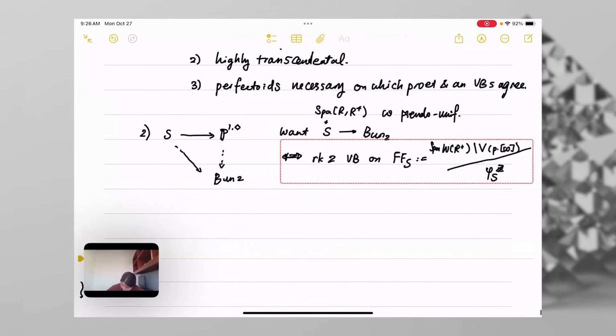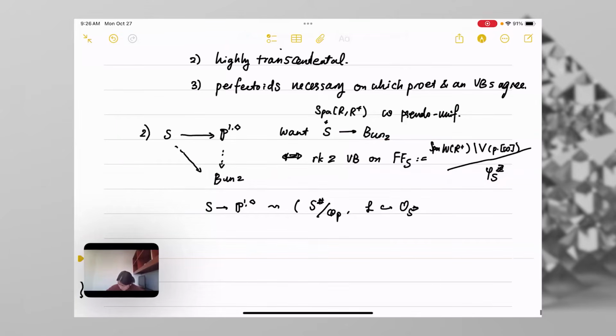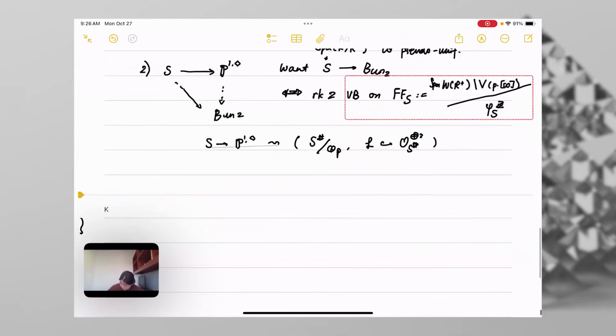So for this, notice that the point from S to P1 diamond specifies an untilt of S over Q_p, and then together with a line subbundle of the trivial rank 2 bundle on this untilt.